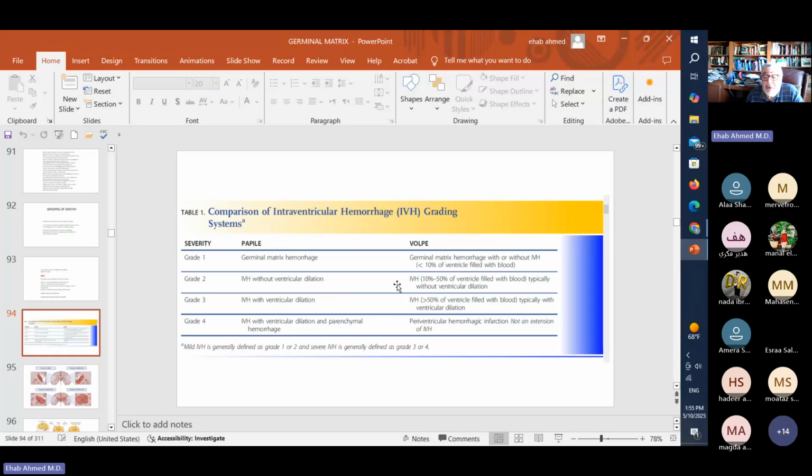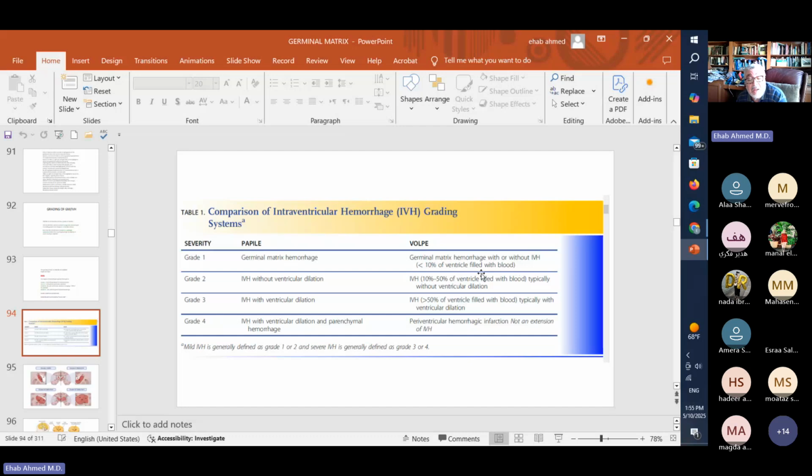The Volpe used more sophisticated grading, it's not easy to do, but this is what he proposed. Grade 1, germinal matrix hemorrhage with or without IVH, with less than 10% of the ventricle filled with blood.